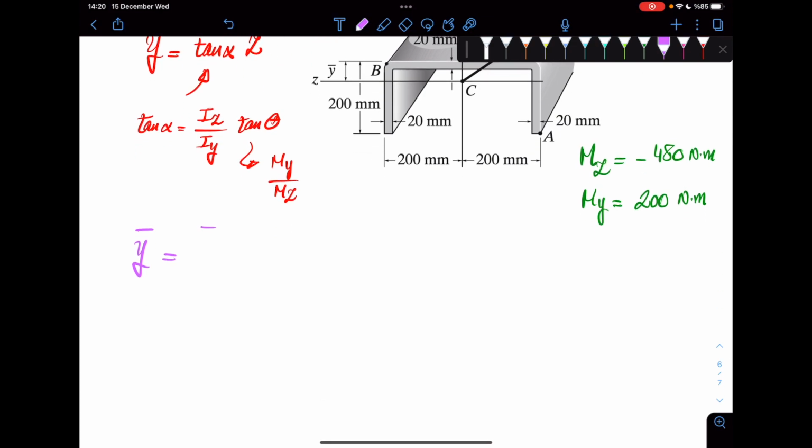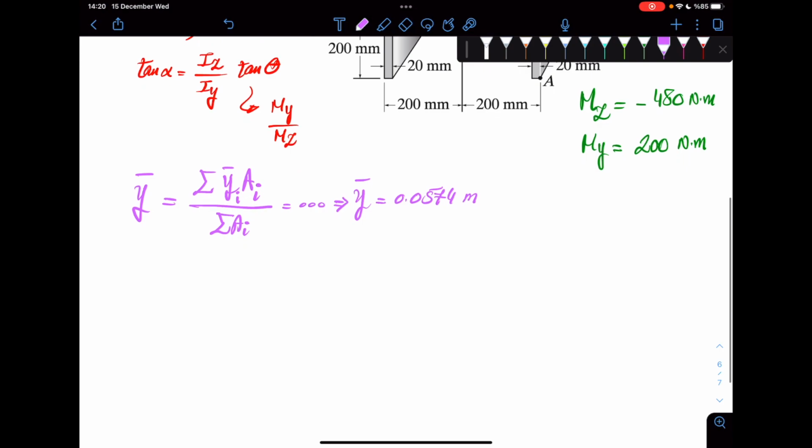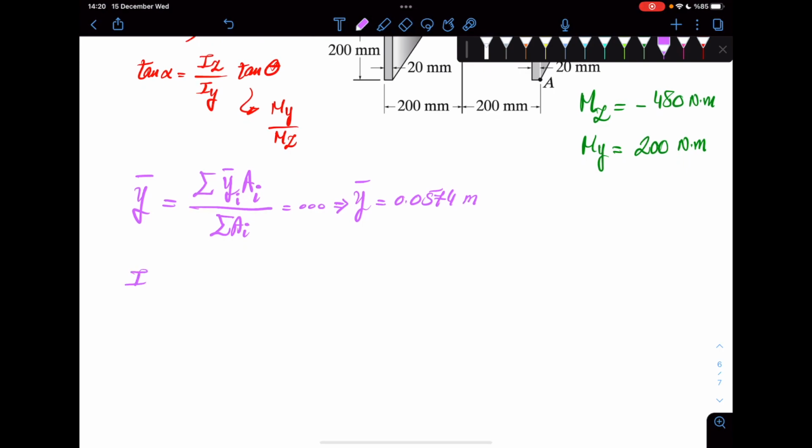It's just the sum of y bar for each of the parts, each section, divided by the sum of the sections. If you do that, you will find y bar to be 0.0574 meter. Then based on that, you calculate Iz and Iy also.